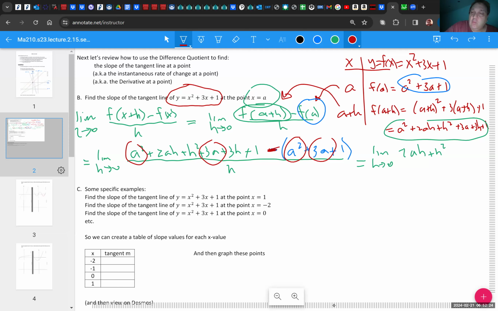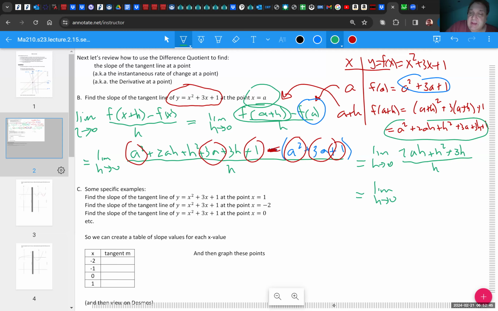And then one more thing simplifies: a plus 1 and a minus 1. That's 0. So that is how the numerator of this fraction simplifies. The bottom is just h.